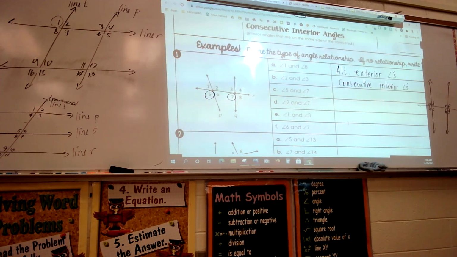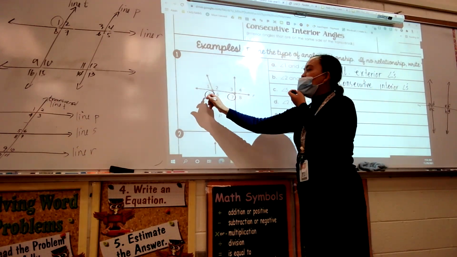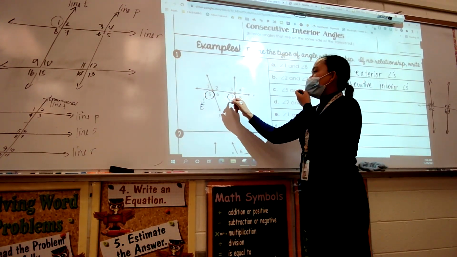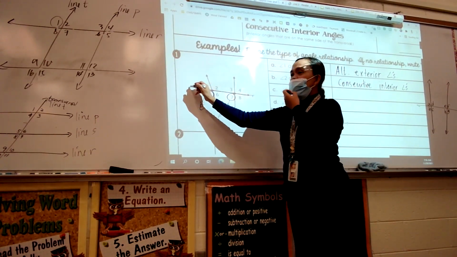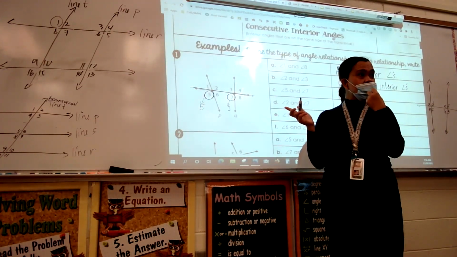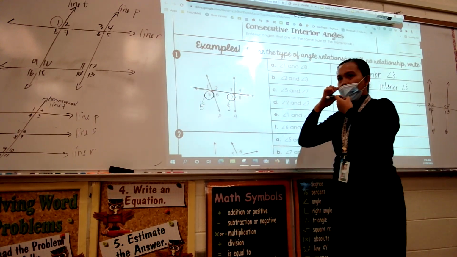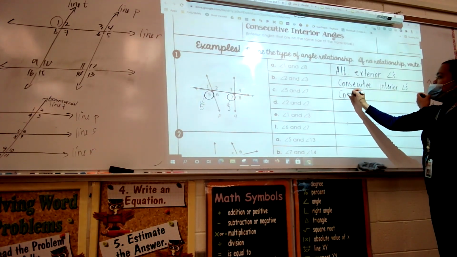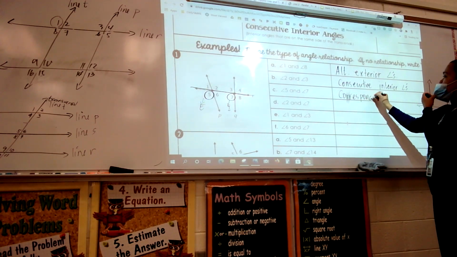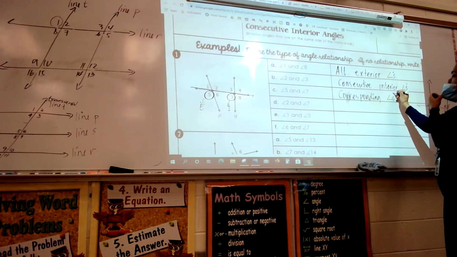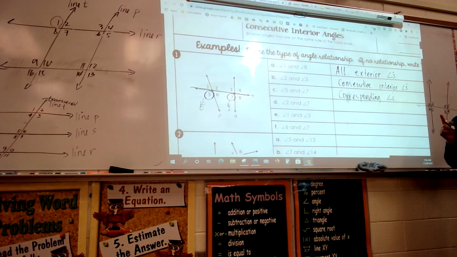Están en la misma posición. Corresponding. They are corresponding angles. One exterior and one interior on the same side of the transversal. Do you remember that? I just flip it over. Again, this is corresponding angles. Please remember.